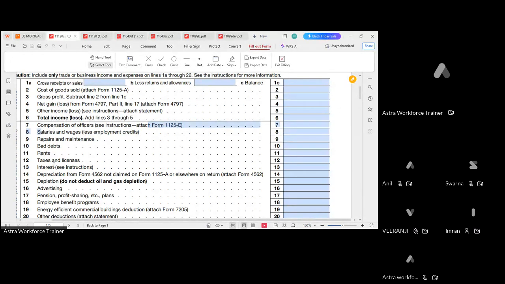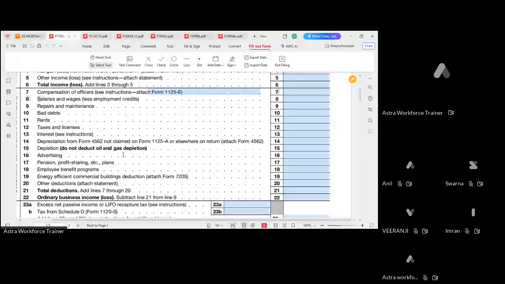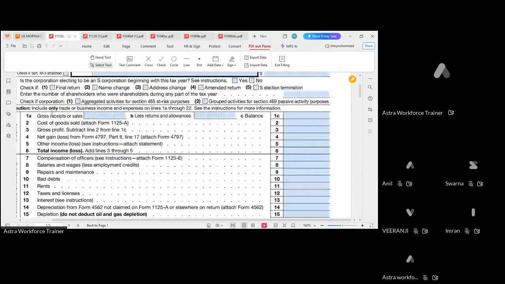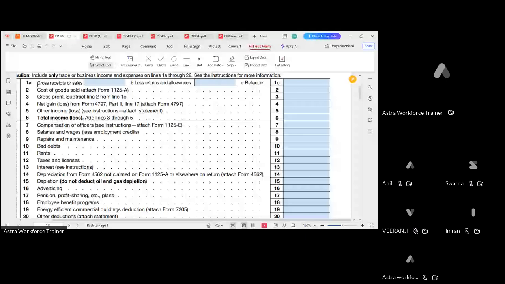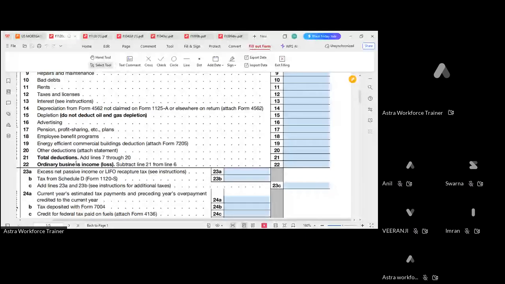All the expenses will be listed here, with the total deductions on line 21. If you subtract line 21 from the total income, you will get the total net ordinary income of the borrower.